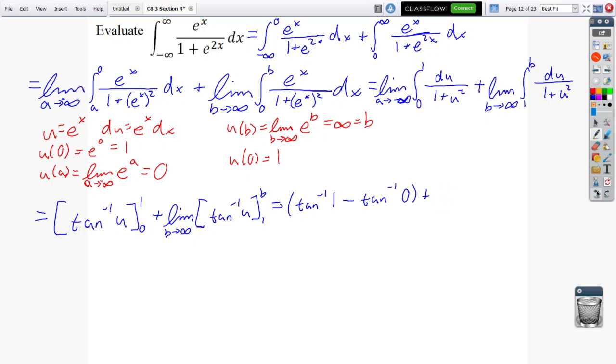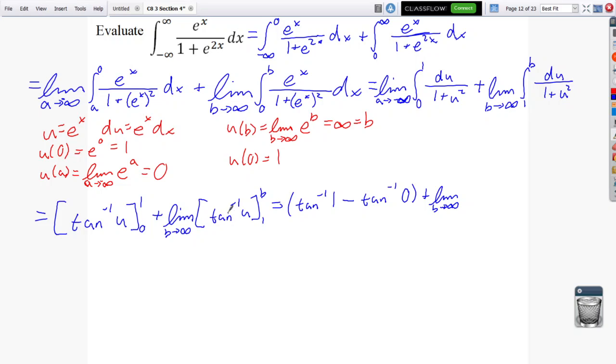Got so intimidated by trigonometry popping in here that I forgot that limit notation. Limit as b approaches infinity. Again, we're dealing with b still being here, so we need it to hang around. Arctan b minus arctan of 1. Now for the fun part.